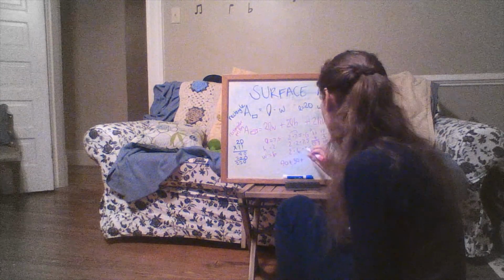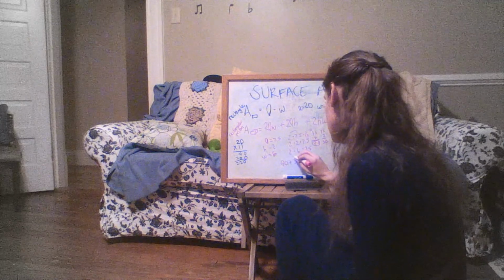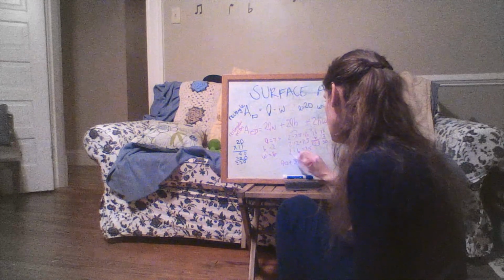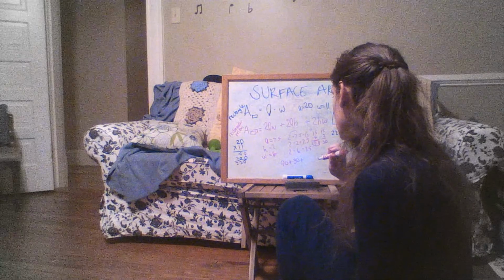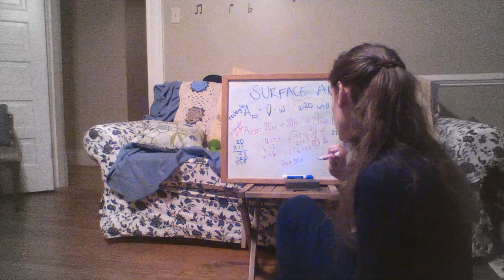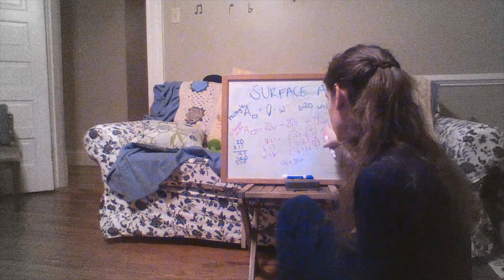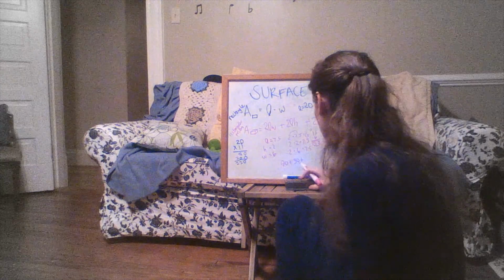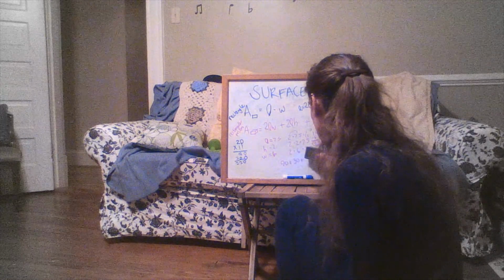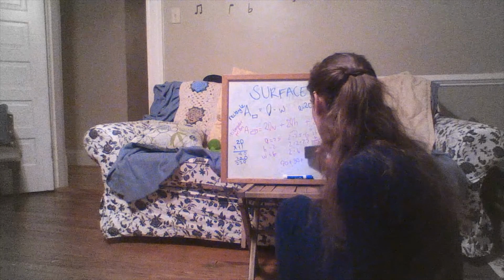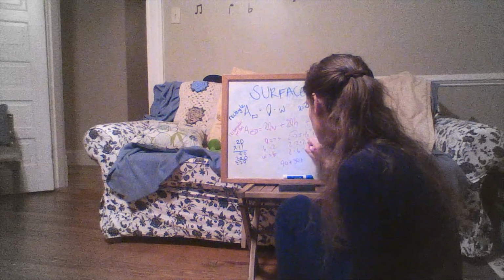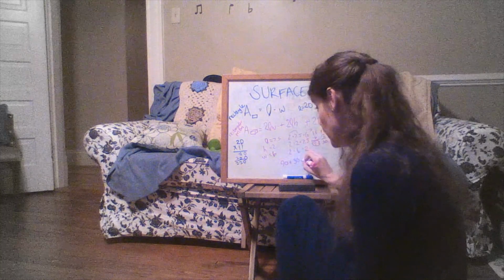Alright, and then the last one: height, width. I think I got that last one wrong. Height is 2. There we go. 2 times 6 times 2. So 2 times 6 is 12.